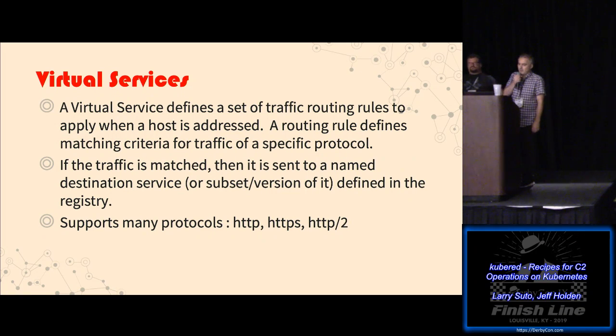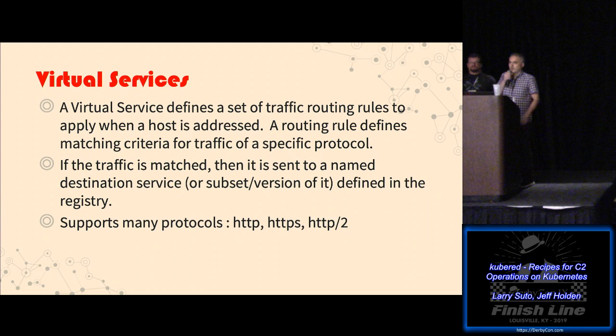Here you set up your matching rules to do rewriting, filtering, etc. Another nice thing about Istio is it fully supports HTTP, TCP, HTTP2, UDP. Whatever your C2 is, you can specify routing rules for it.